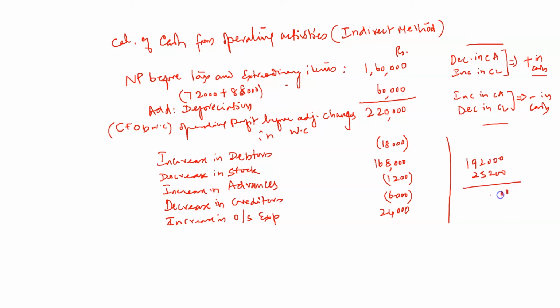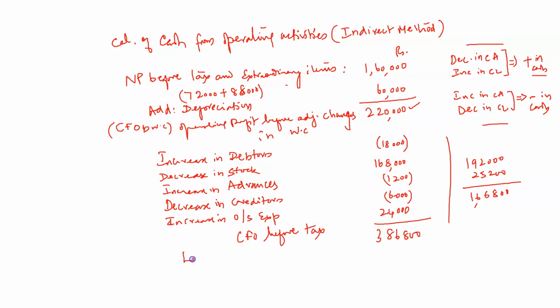So the difference should be added with this 2,20,000, and the total will become 3,86,800. So this is CFO before payment of tax.